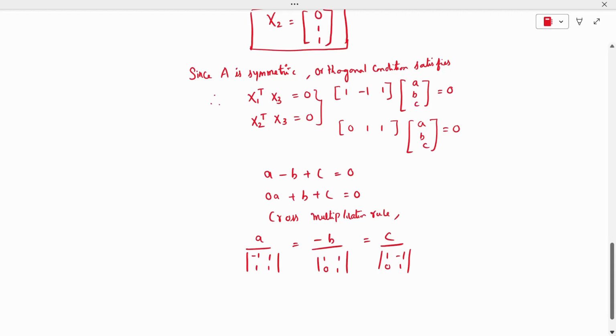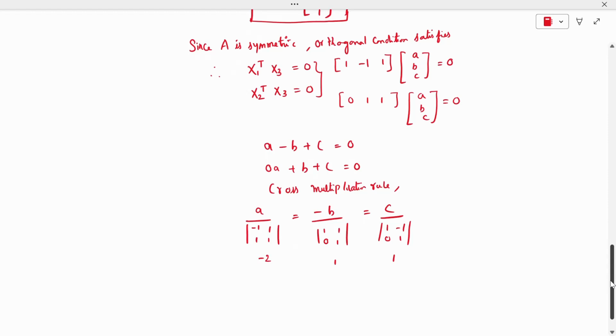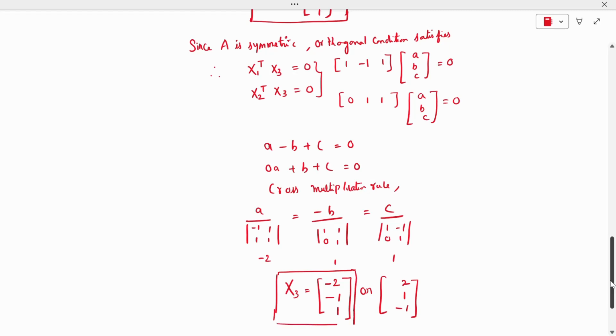For c: 1, minus 1, 0, 1. So minus 2, minus 1, 1 is my third vector, or 2, 1, minus 1; any one answer. So this is our third vector. So all three types.